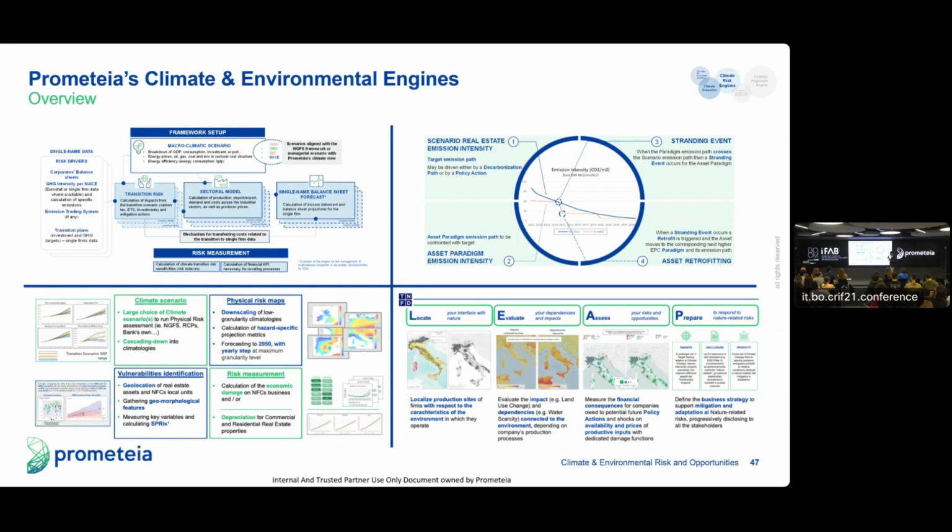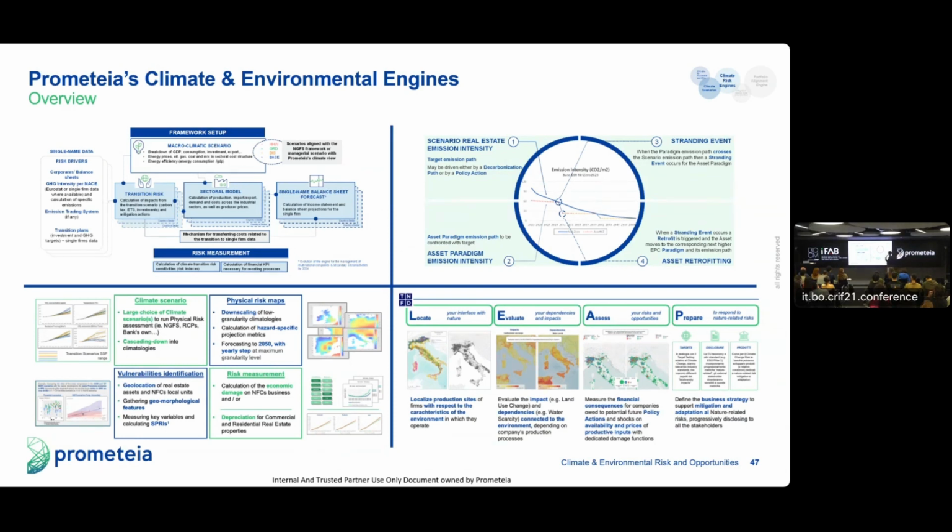These are the engines that we produce in order to understand, at the sector level, in terms of ATECO, or at the level of a single small and medium enterprise or enterprise, which is the risk that the enterprises, or even the real estate and the households, are exposed to. And so this is the first line.